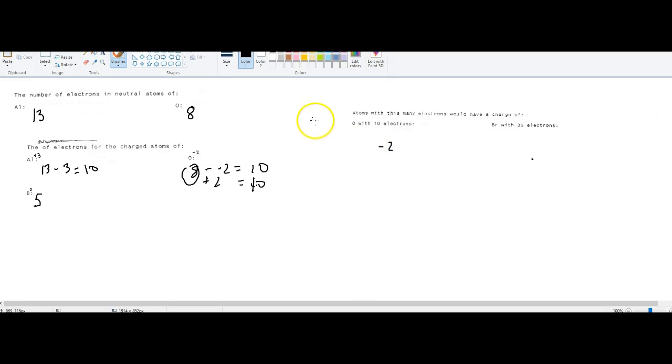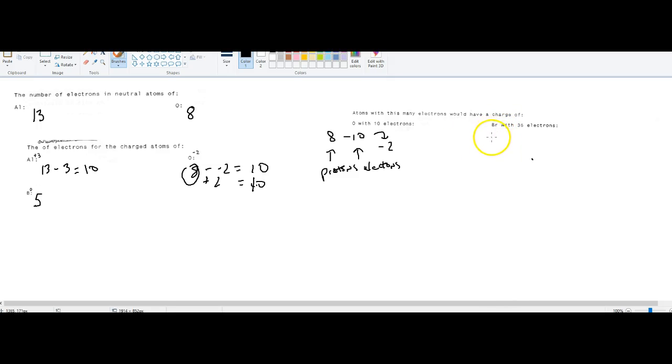Another way to look at it is, 8 protons, which is what the chart says, and 10 electrons means I have 2 more negatives than positives, and so the negatives win.